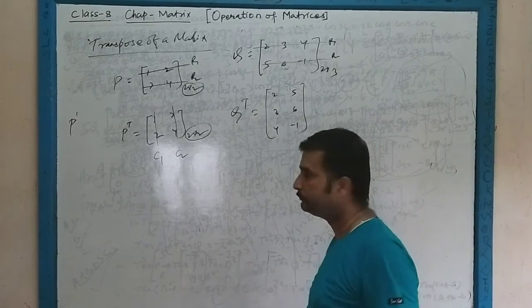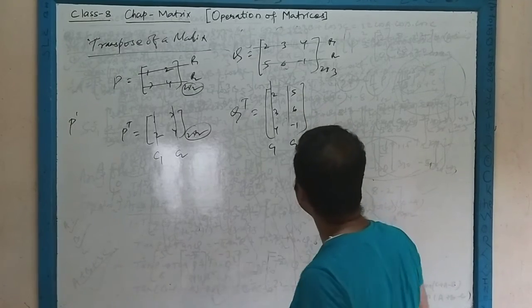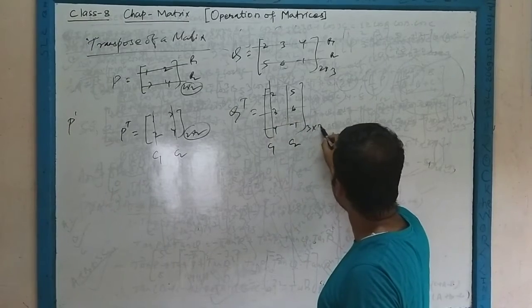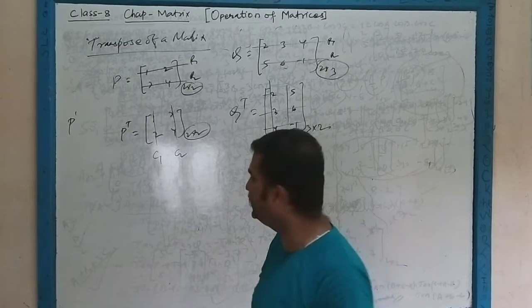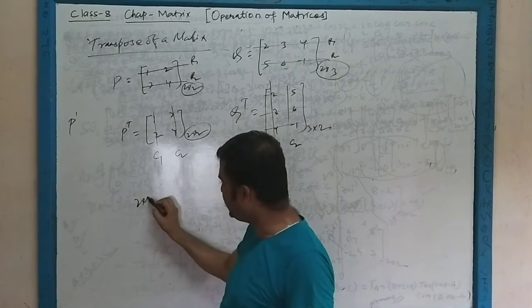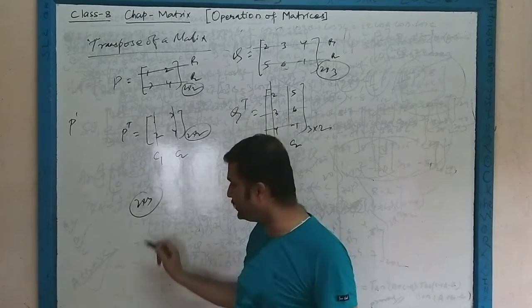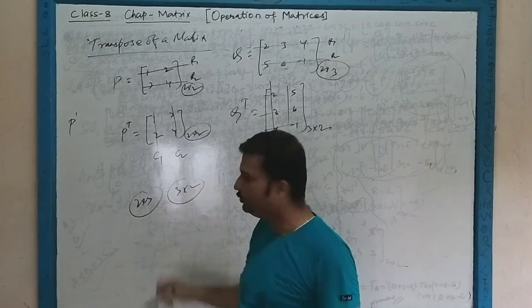Now see. This is the first column and this is the second column. So how many rows here? 1 row, 2 rows, 3 rows. 3 rows by 2 columns. What was the order previously? 2 by 3. So if a matrix is of order 2 by 3, then its transpose will have an order of 3 by 2.